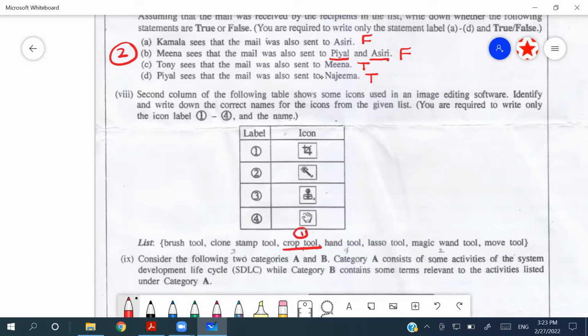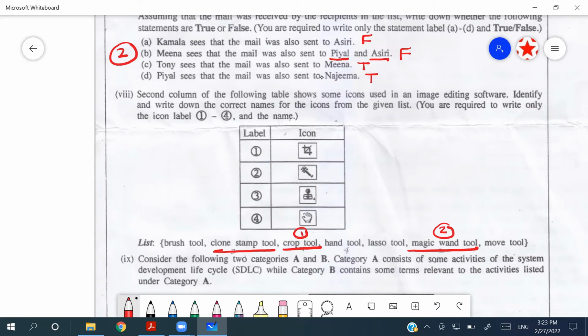Second one is the magic wand or the fuzzy tool. Third is the stamp, or the clone stamp as it states. And the fourth one is for moving.